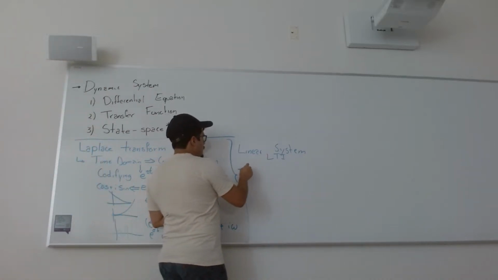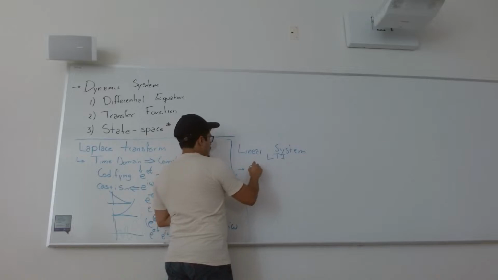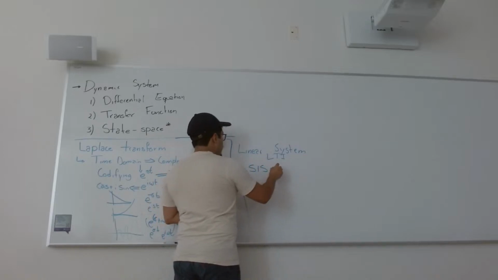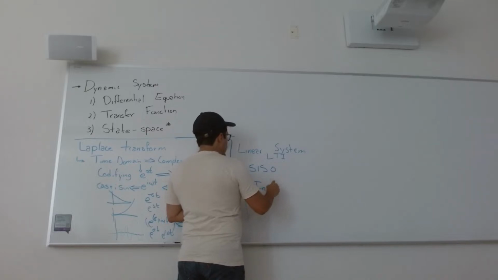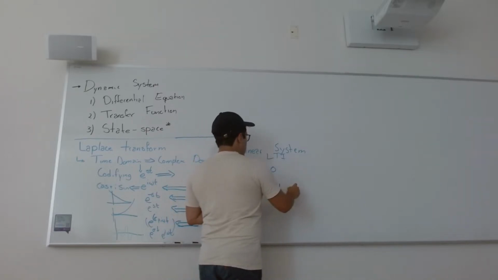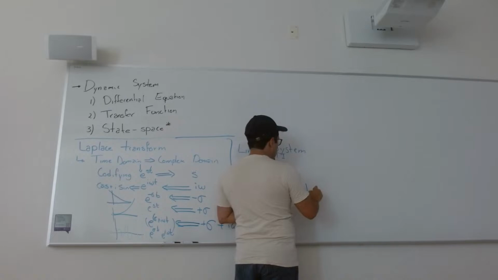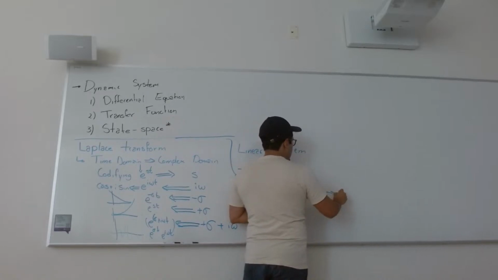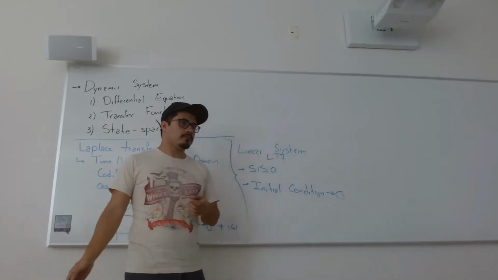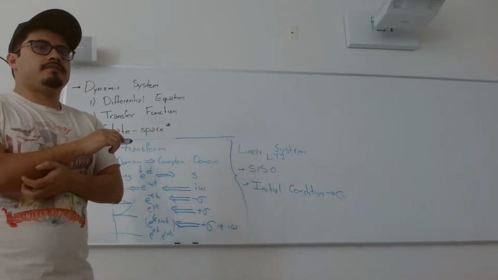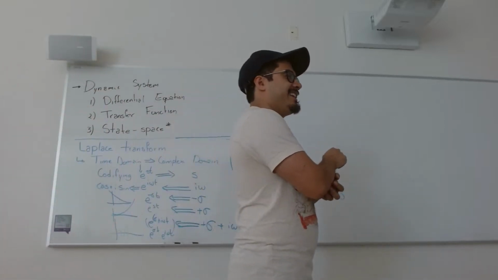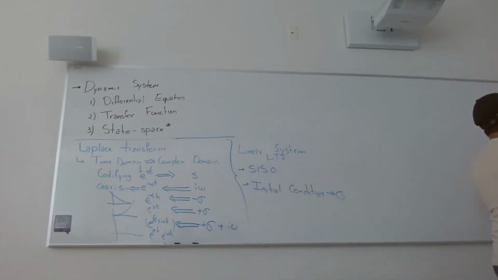But most importantly, the initial conditions are 0. Yeah, that's the really important one. It only works if I consider initial conditions 0. And the kind of systems are single input, single output.